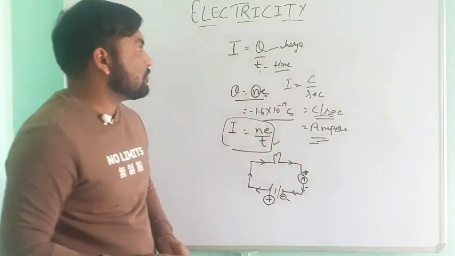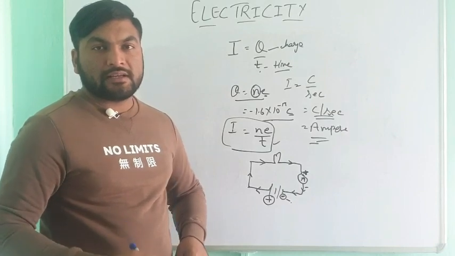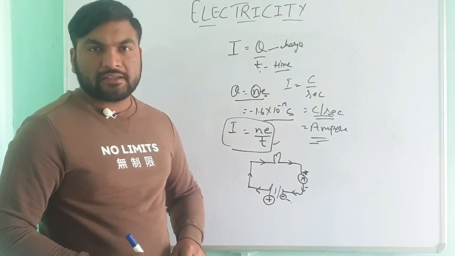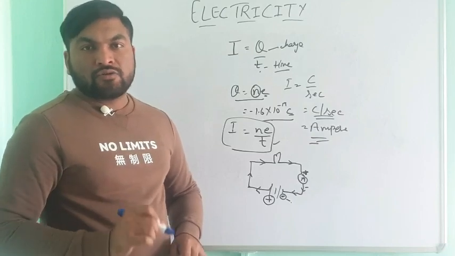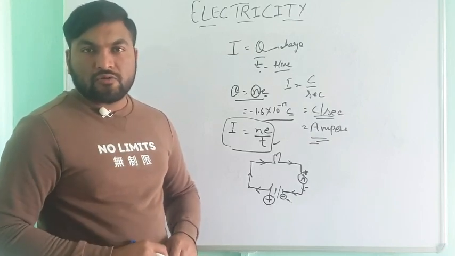Now coming to the next topic, which is electric potential. So what is electric potential? It is the work done on a unit charge to bring it from one place to another.